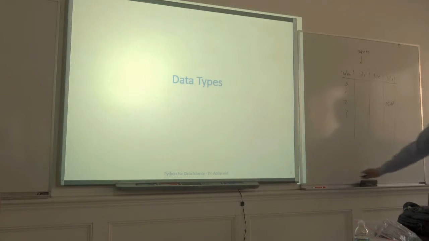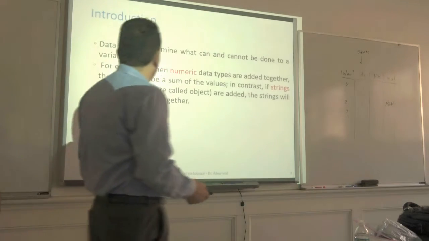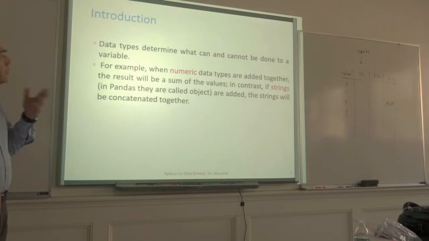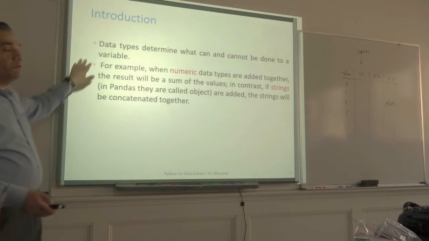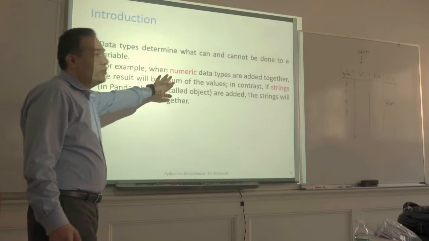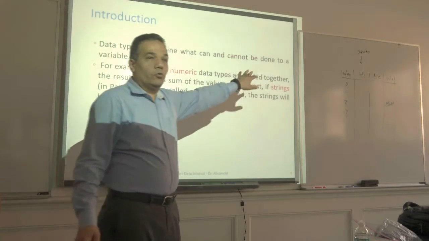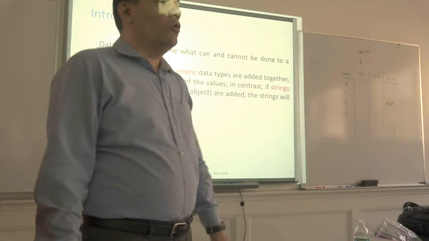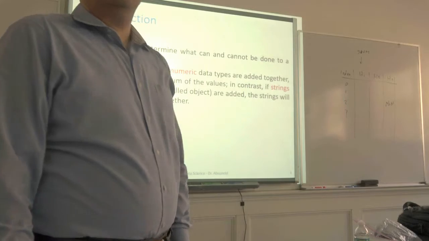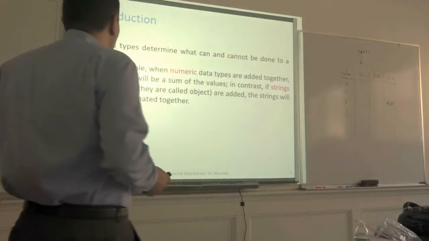So today we'll talk about data types. Data types determine what can and cannot be done to the variable. For example, when you have numeric data in a column or a row, you could add, subtract, and compute some statistical values.